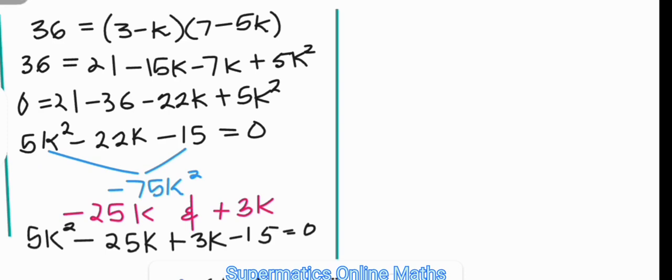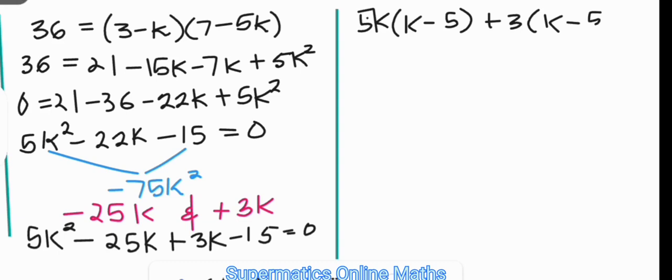Grouping in twos, from the first two groups, 5k squared minus 25k, we can factor 5k, and in parentheses we'll be left with k minus 5. Then from the second group, 3k minus 15, we can factor positive 3. Also left in parentheses is k minus 5, and that's equal to 0.